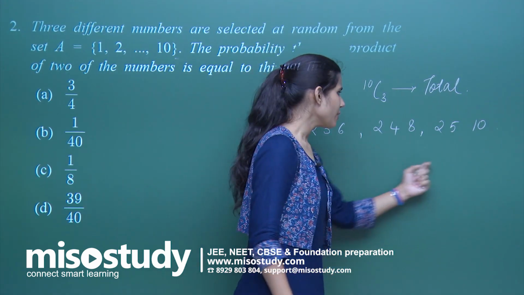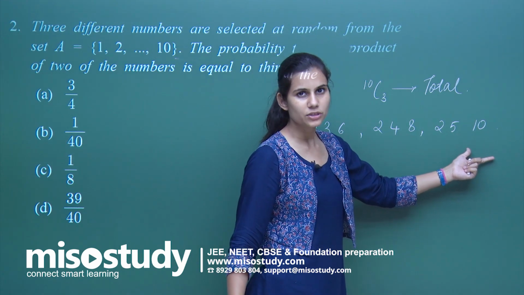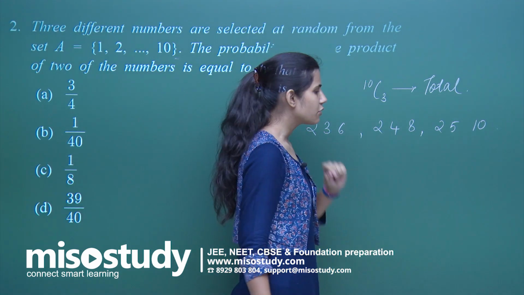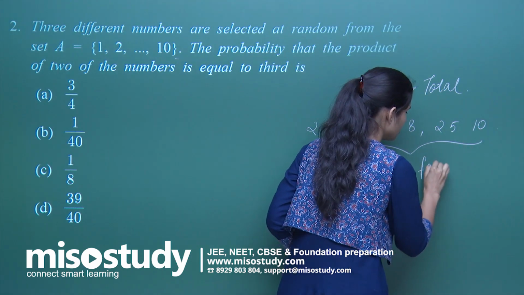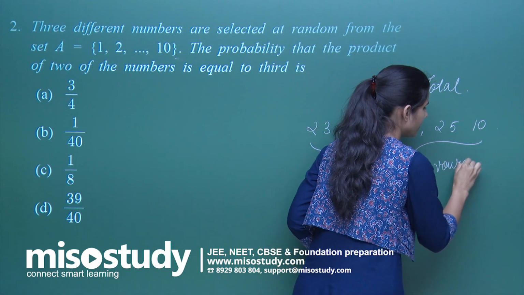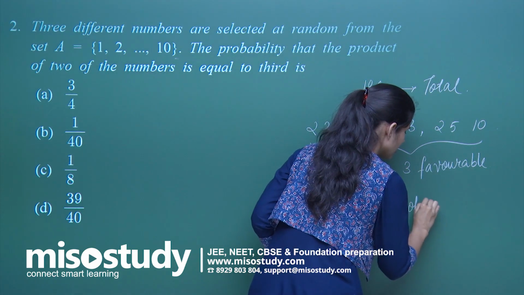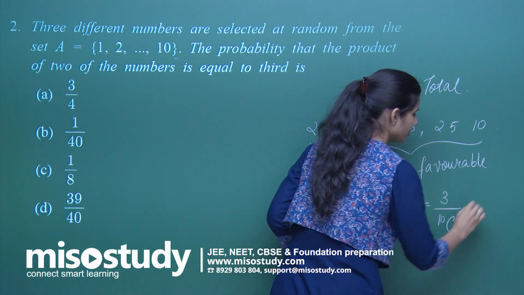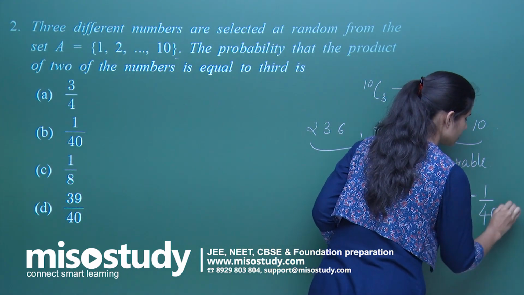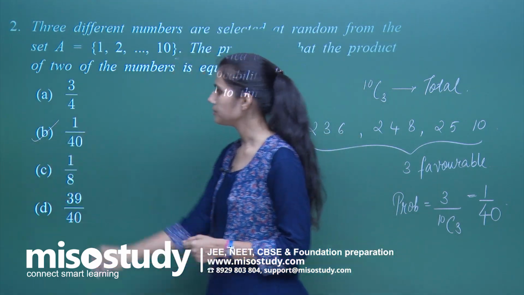So there are just 3 ways in which 3 numbers can be chosen out of the numbers from 1 to 10 such that the product of 2 is equal to the third, and therefore I am having 3 favorable ways. And so the probability is 3 by 10C3, which is 1 by 40, and that is your answer.